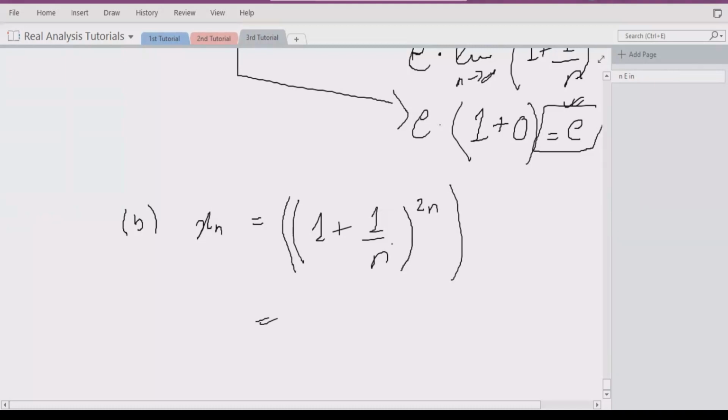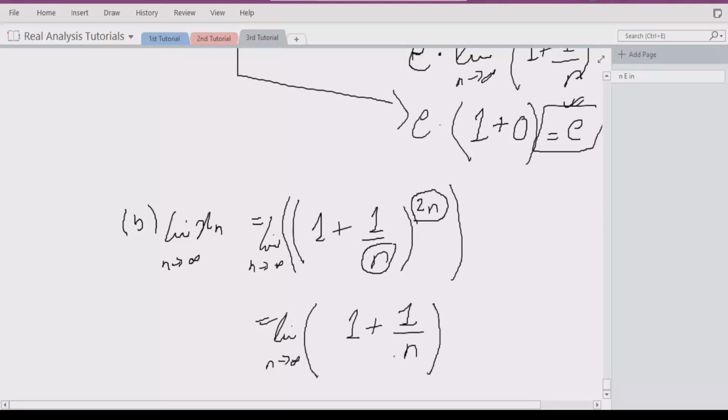Now we can see that this base and this power are not the same. But I can write it, and we have to find the limit as n tends to infinity, as 1 plus 1 over n to the power n, in a bracket raised to the power 2.